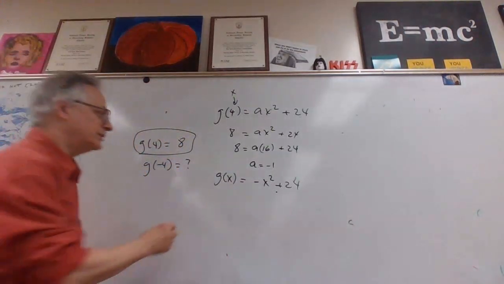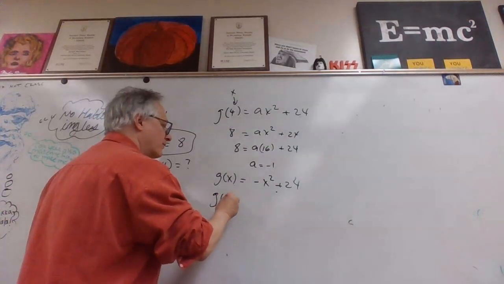So now what they want you to do is evaluate g of negative 4.